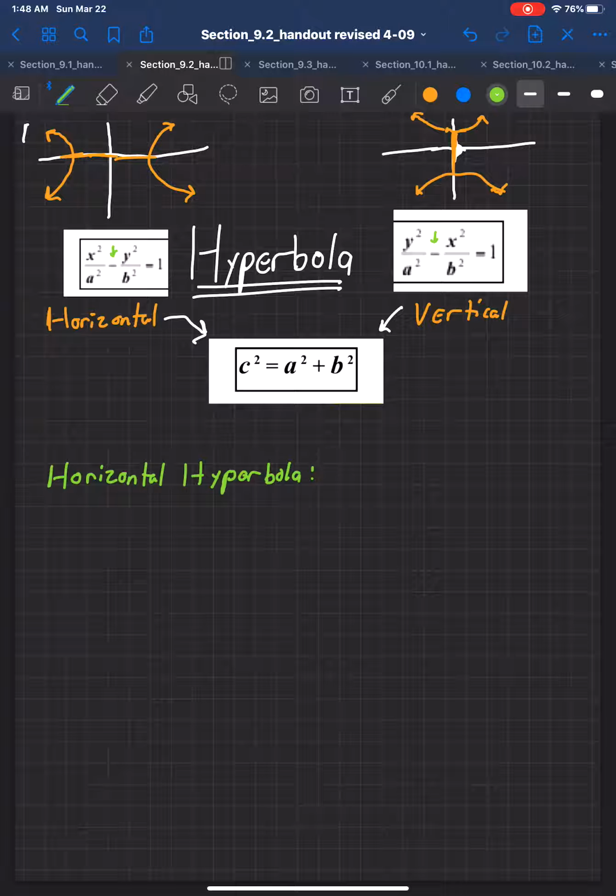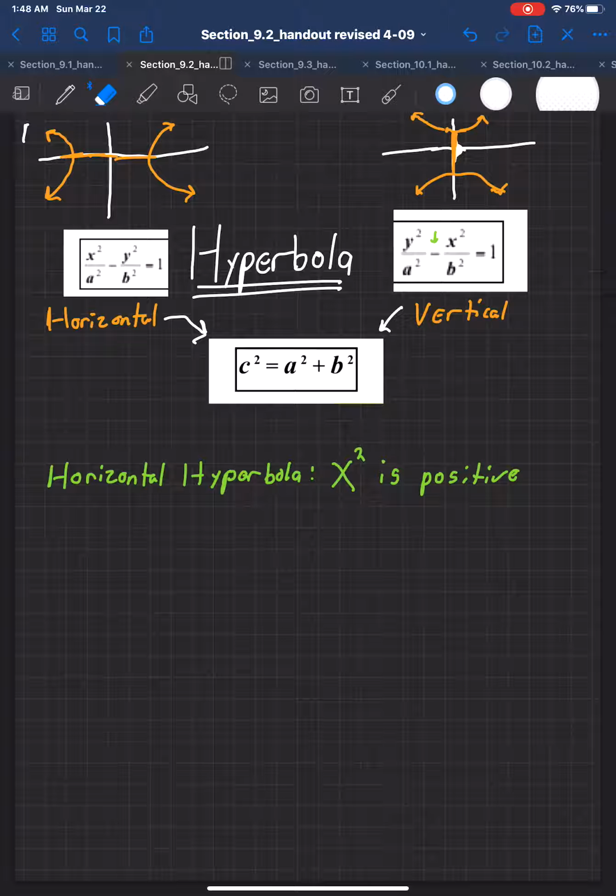The x squared is positive. That's the main takeaway. The x squared is the positive term. So notice that for the horizontal, you're subtracting your y squared. And it is the opposite for vertical, right?